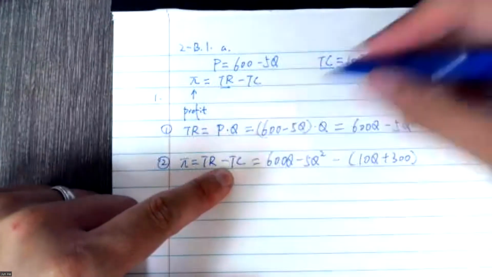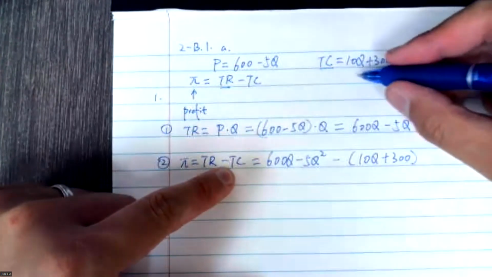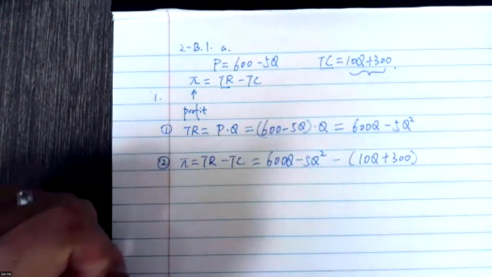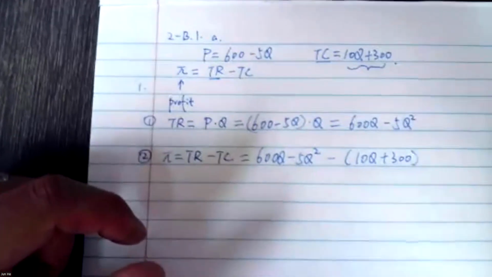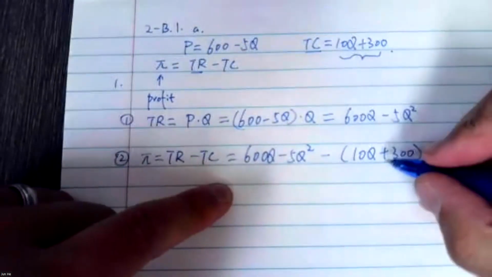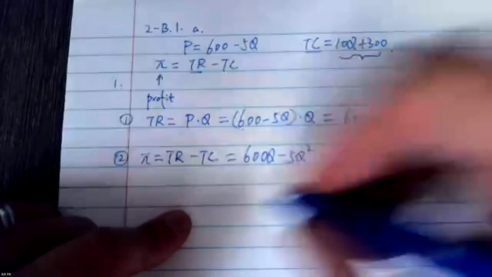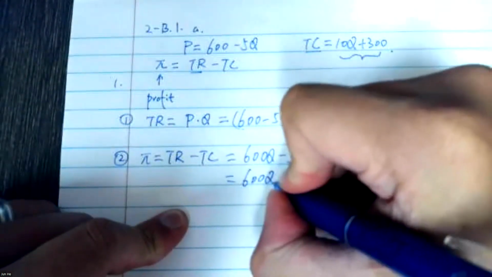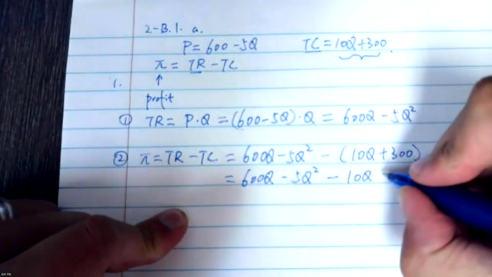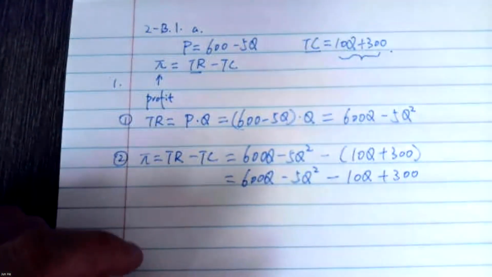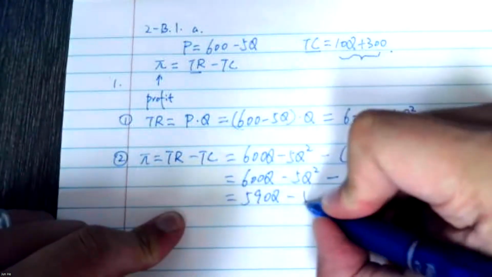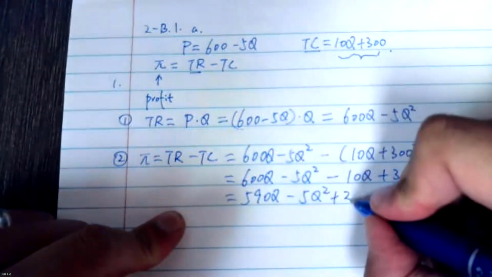Again, as you're replacing total cost with this expression, don't forget to add parentheses to avoid mistakes. Now we can further simplify this. That's 600Q minus 5Q squared minus (10Q plus 300). Okay, that is 590Q minus 5Q squared minus 300.